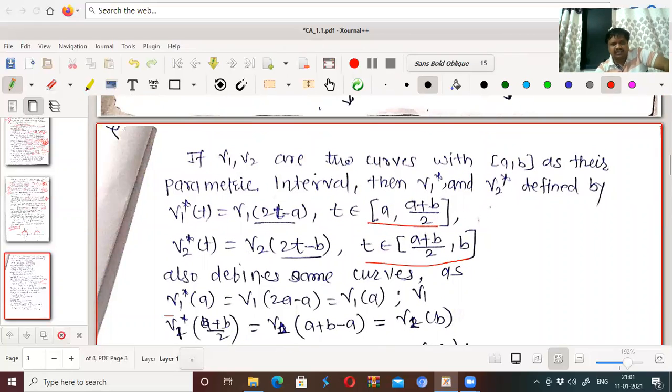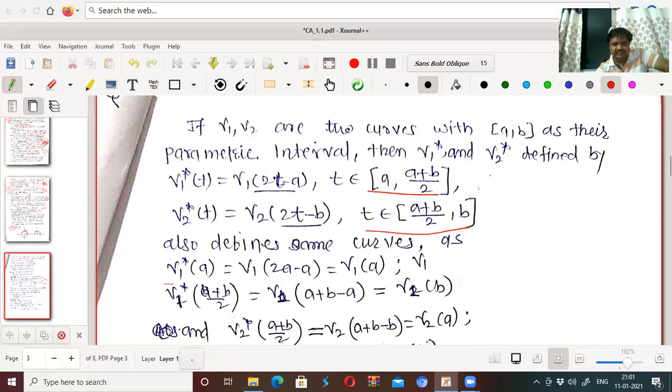Gamma 2 star is defined by gamma 2 at 2t minus b for t belongs to a plus b by 2 to b. This also defines the same curves.